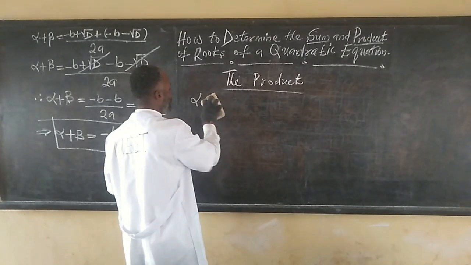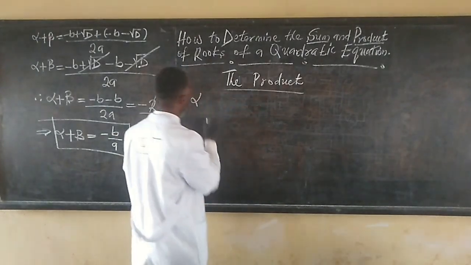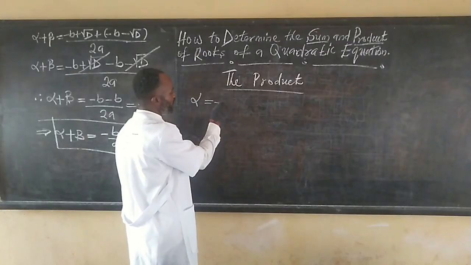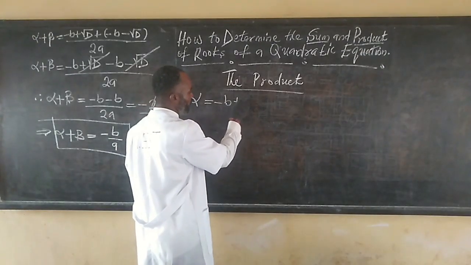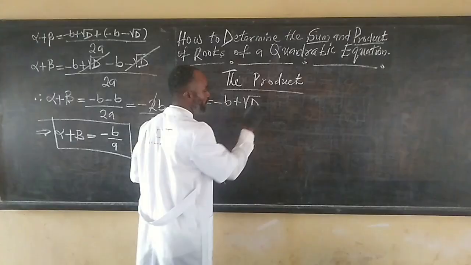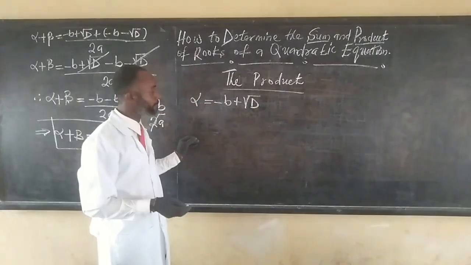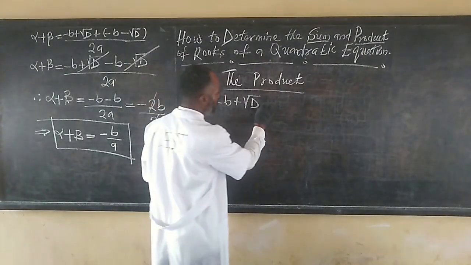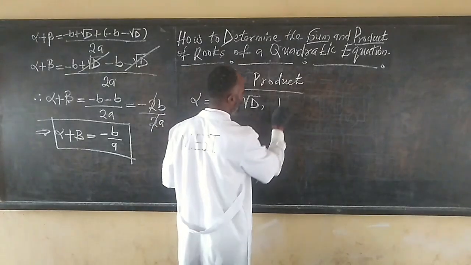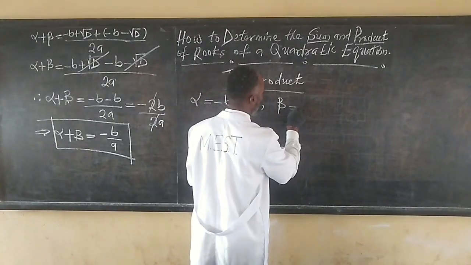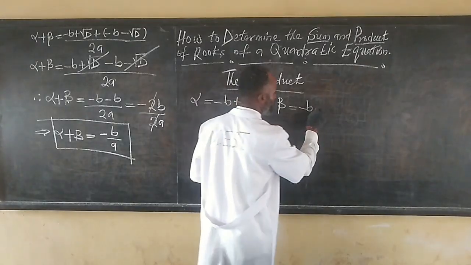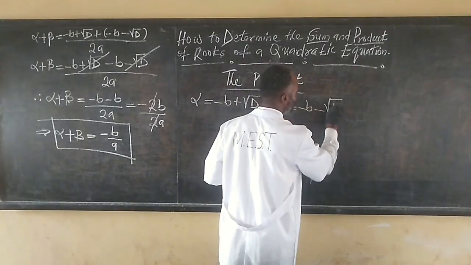We once again recall that alpha is minus b plus square root d, and beta has been identified to be minus b minus square root d.